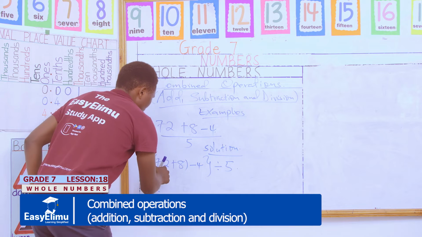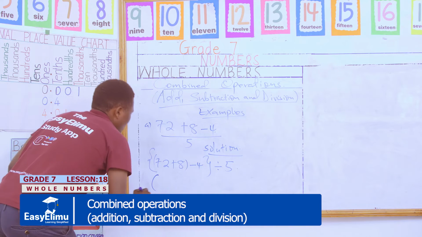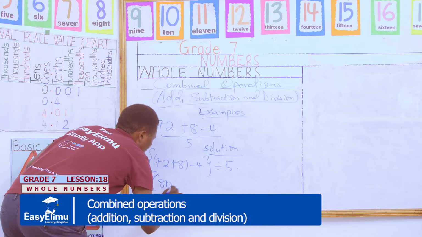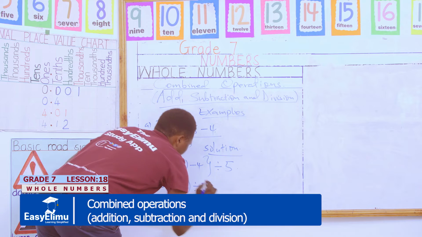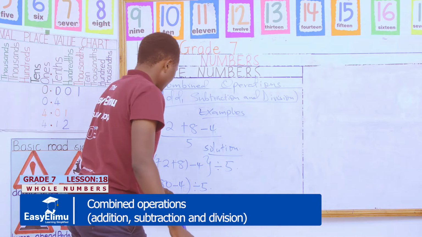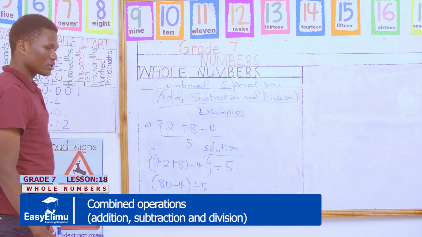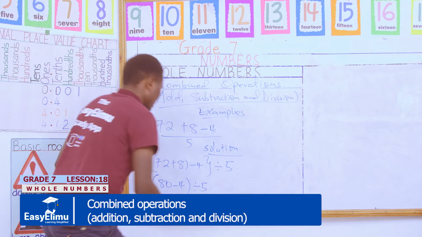So we shall have 72 plus 8. We can now use the normal brackets, that is 80. Then we subtract 4. Then we divide by 5. Are we there? So 80, take away 4, class. Yes, Irene, 80 take away 4, 76, correct.